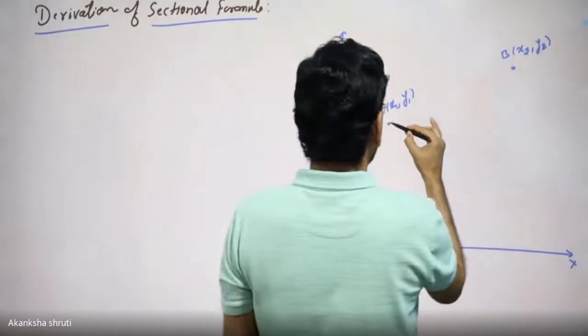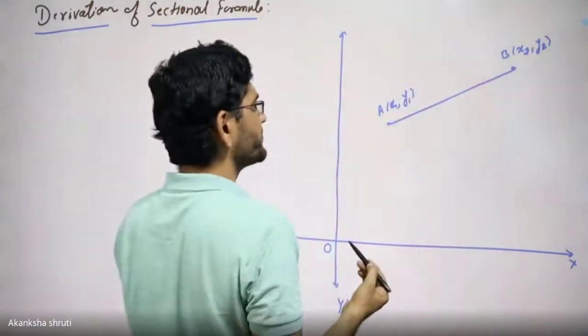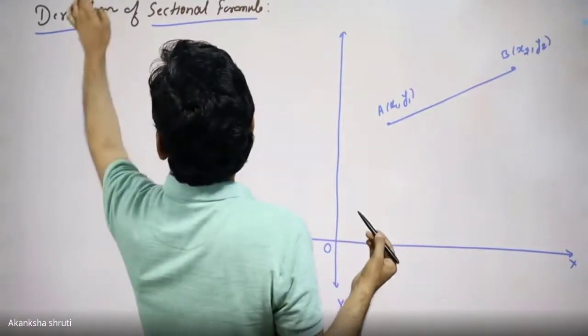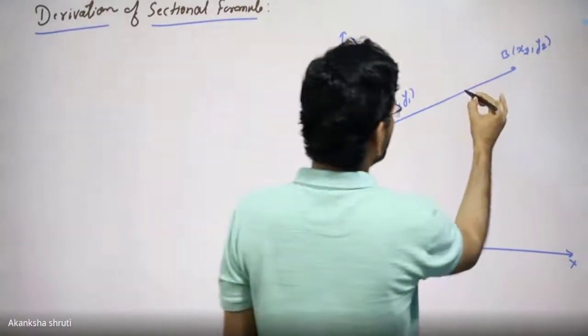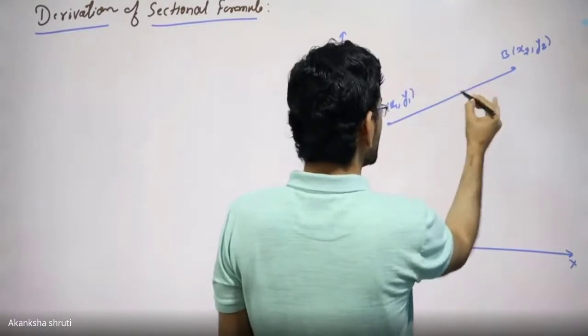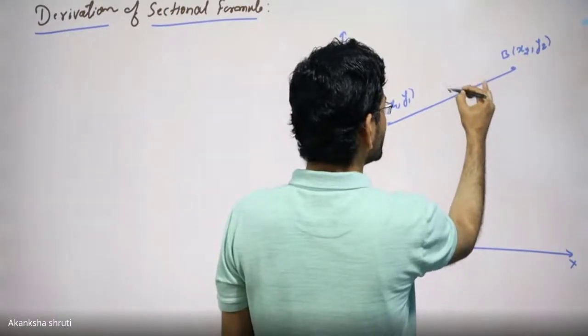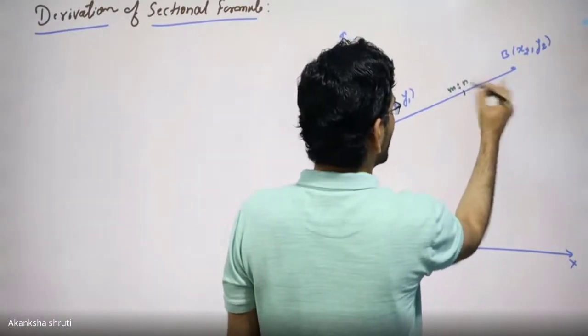The line segment joining A and B is this one. Now, consider a point P which is dividing this line segment AB in the ratio of m to n.